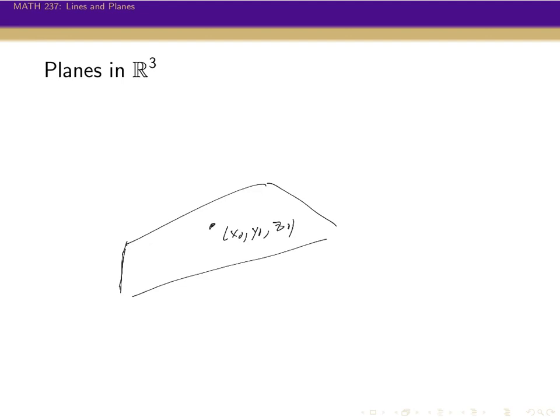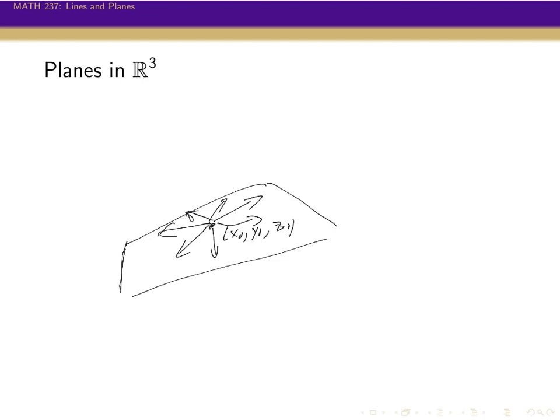Well, if you think about it, given a plane and given some point, there's a whole lot of vectors you can draw from that point, using that point as initial point and going around. In fact, you can do a whole circle of vectors coming out of that point. And so sometimes it's kind of hard to think about a plane in terms of the vectors in it. You'd rather want something that's sort of unique, that's not going to change, right? So what can we put here that isn't going to change?